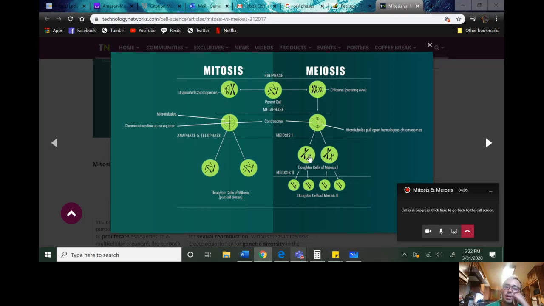Again, you undergo prophase, so you set up your chromosomes, line them up in metaphase, split them apart in anaphase, and divide the cells, cleave, in telophase.